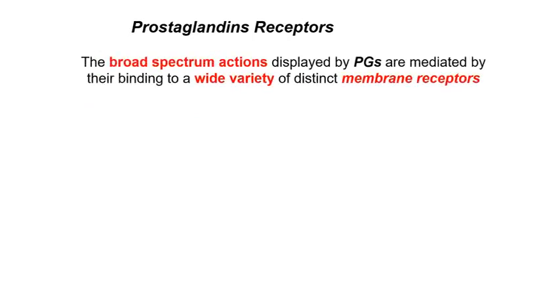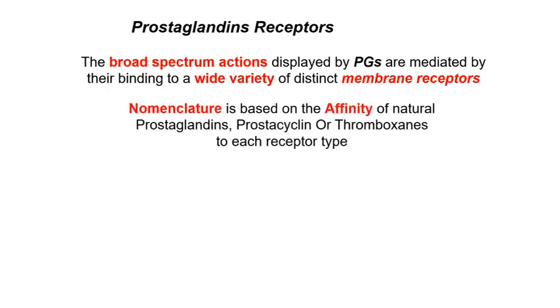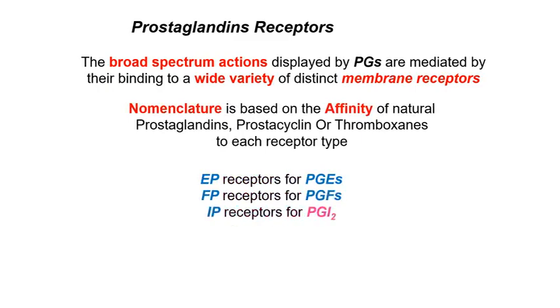According to their substrate, according to their agonistic prostaglandin, we can differentiate prostaglandin receptors by their names: for instance, PGEs give the E receptors, prostaglandin type F gives F receptors, thromboxane gives the TP receptor, and prostacyclin gives the IP receptor.